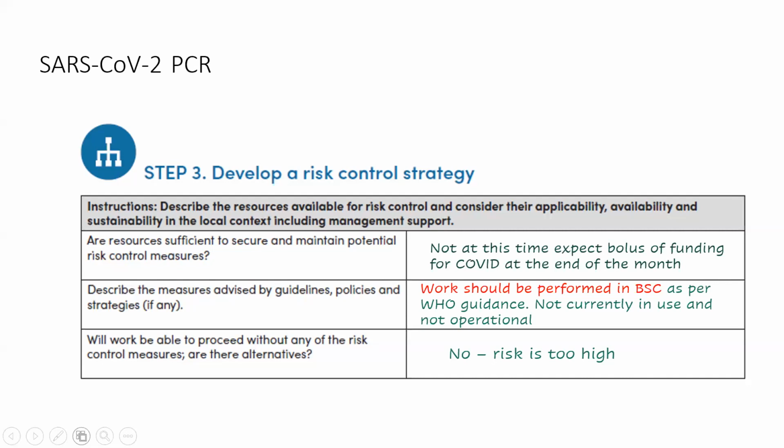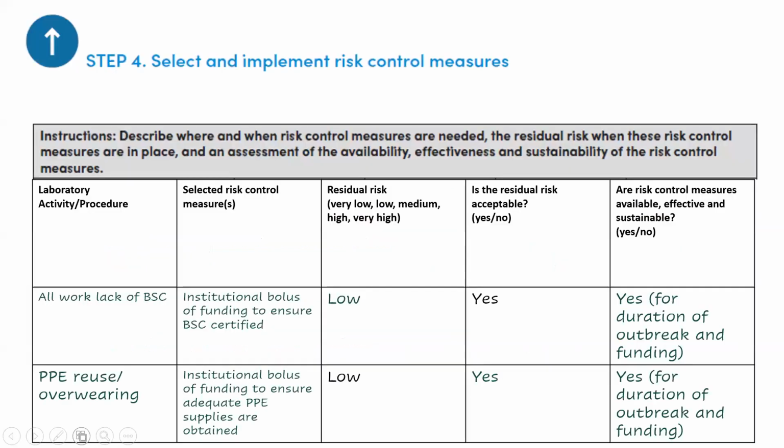And will they be able to proceed without any of the risk control measures? Are there alternatives? They say no. This is their first risk assessment. They're reusing gloves and wearing coats for days that are disposable. And they can see that the risk is too high. They know they have money coming. So in this table, this is very typical of an outbreak, but not of regular laboratory operations.